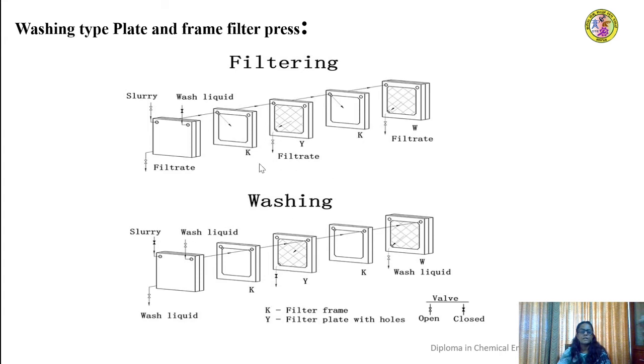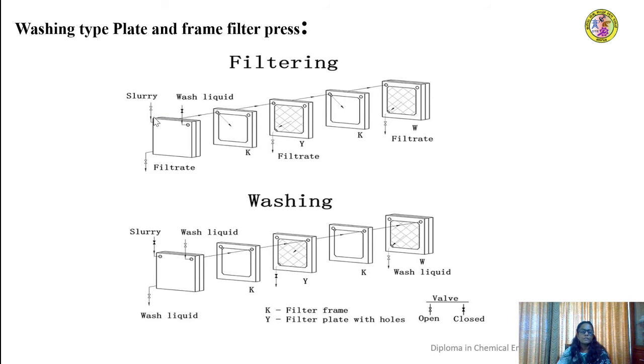This is another diagram showing how the working takes place in a plate and frame filter press that involves thorough washing. First, slurry can be admitted by keeping the valve open. Whenever the filtration is occurring, the inlet valve for wash liquid will be kept closed.